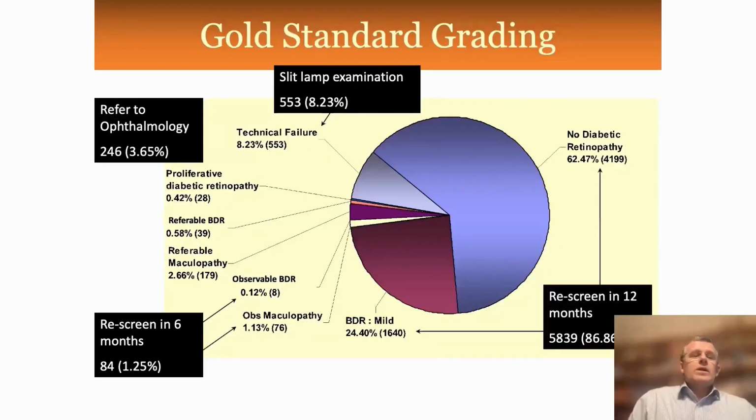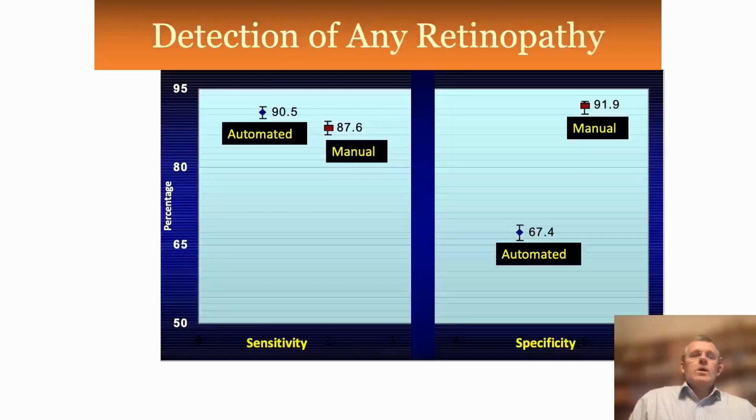Again, when we look at the grading results of the population screened, the vast majority had no retinopathy. For those patients that needed to be detected as having retinopathy or not having retinopathy, automated grading had a higher sensitivity than manual grading, but a much lower specificity.